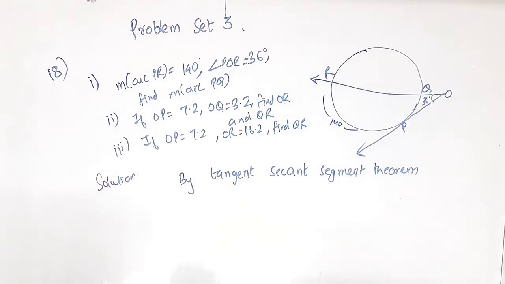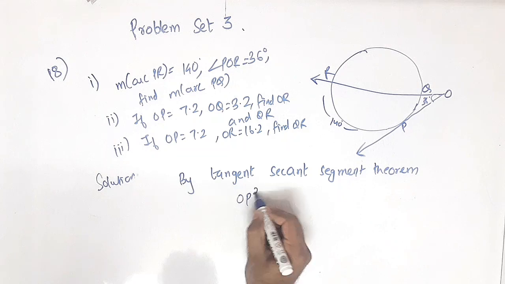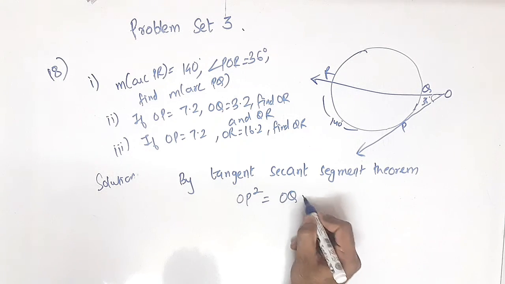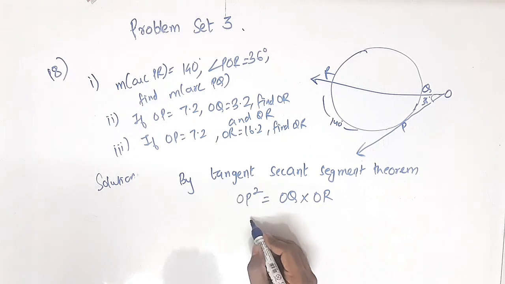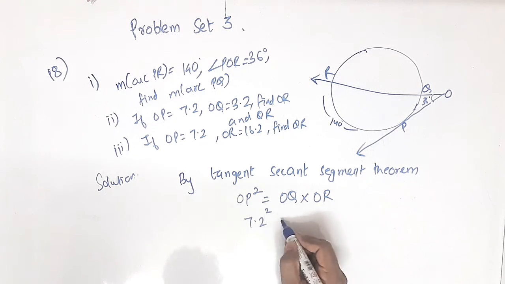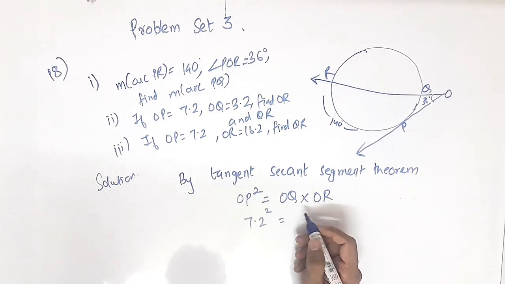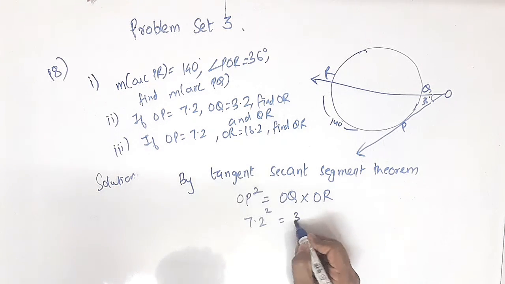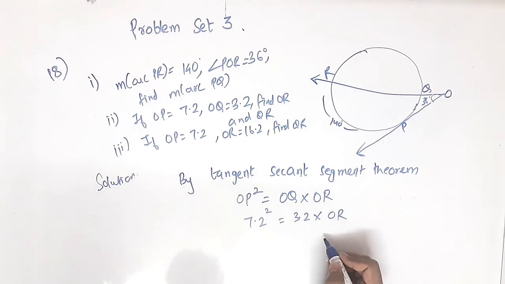If we apply this theorem, tangent segment square, that is OP square, will be equal to OQ into OR. Okay, so OP square, 7.2 square, is equal to OQ, which is 3.2, and OR we have to find.